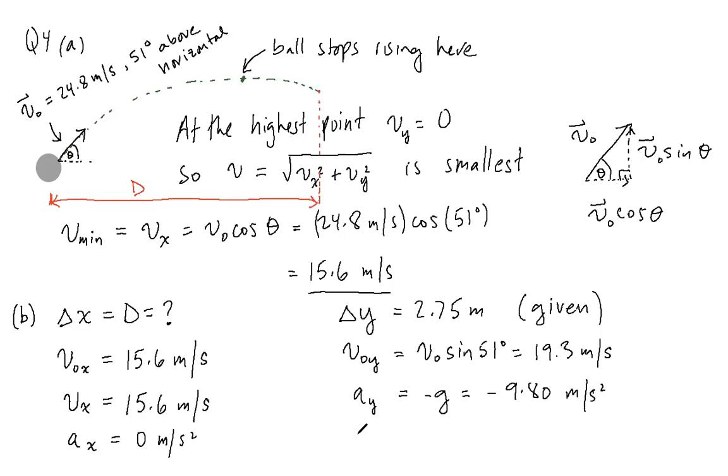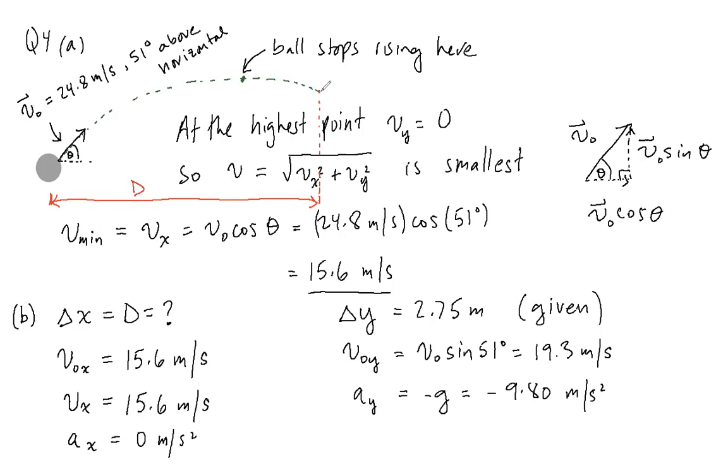Okay, so that's that. So in order to find the distance, basically what we need to do is figure out the amount of time it takes for it to reach this point.